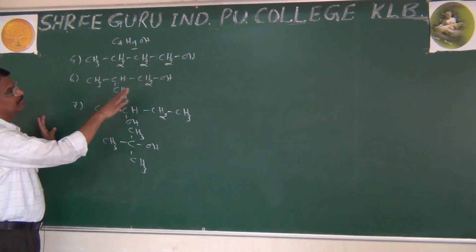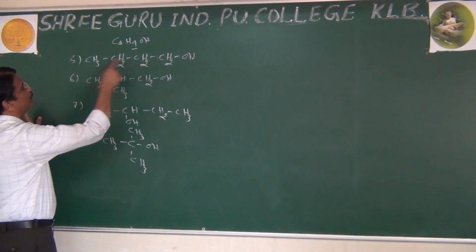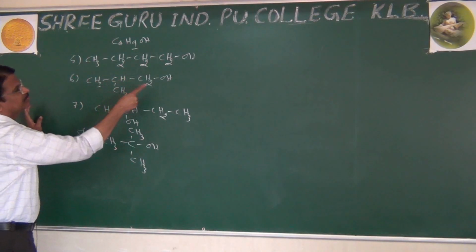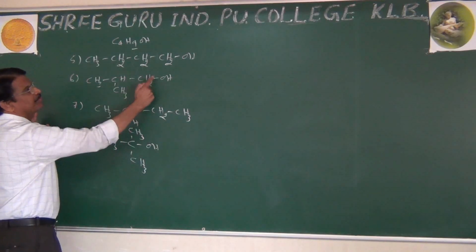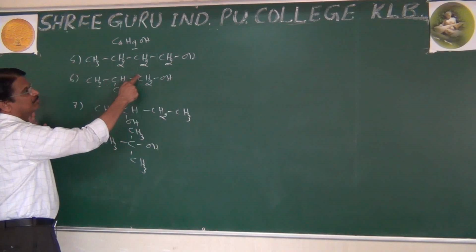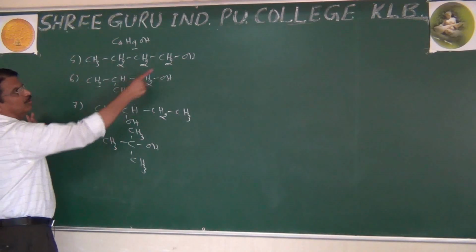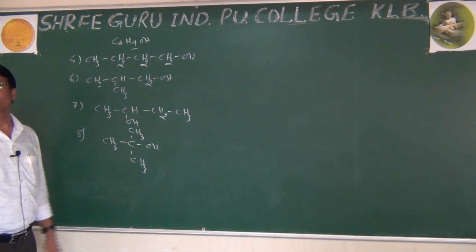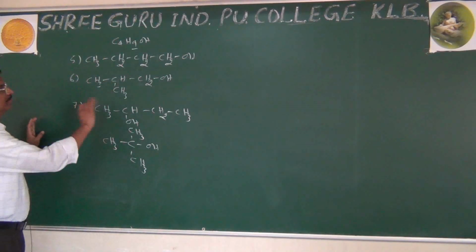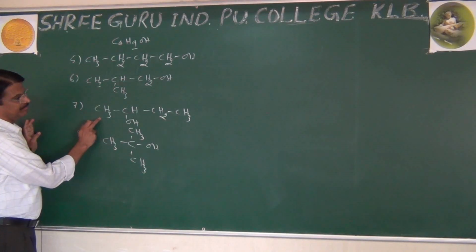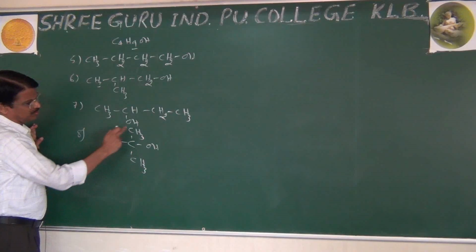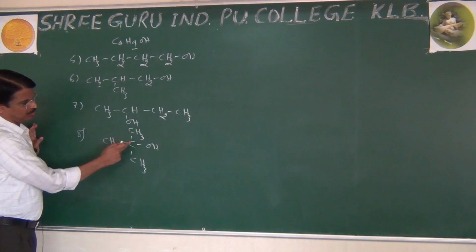Hence, here we can say compound number 5 and 6, they differ by position. See here, carbon 1, carbon 1. They differ by what? Carbon chain, not position of OH. Hence, these 2 are called chain isomers. Next, here position 1, 2, 3, 4, here also 1, 2, 3, 4.